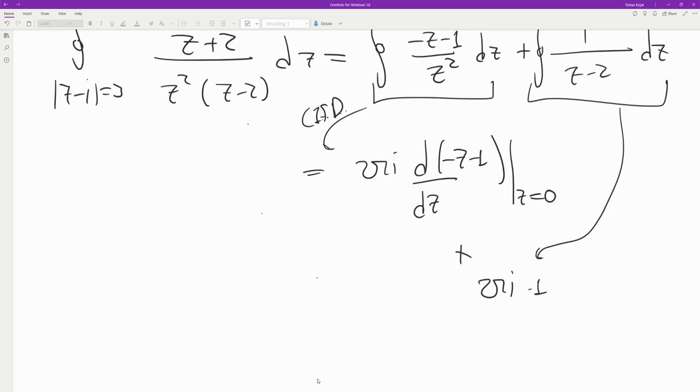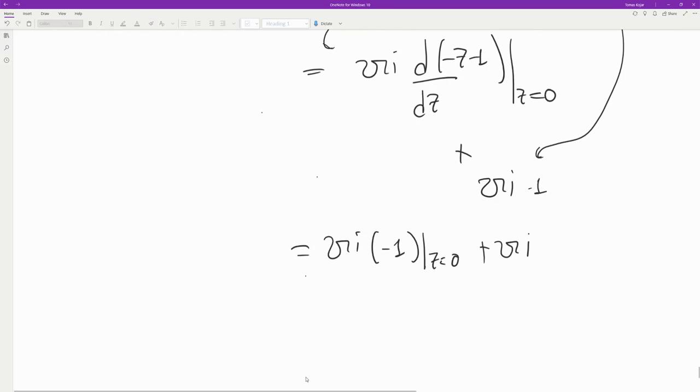Okay, what else? So let's compute the derivative. So we have 2 pi i times minus 1 plus 2 pi i. So minus 2 pi i plus 2 pi i, which is 0.